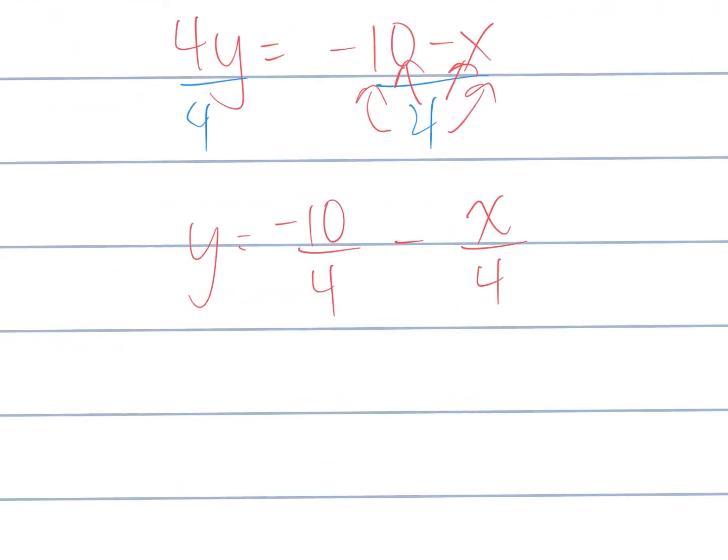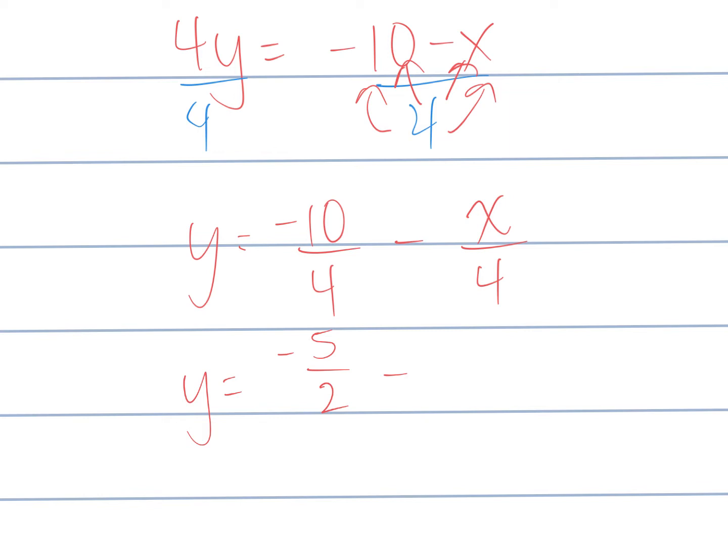So negative 10 over 4, guys. Can we simplify it? How? You can divide both by 2. So it's going to be y equals negative 5 over 2 minus, I would like to rewrite negative x over 4 so I can see what the slope is. Does anyone know how to rewrite it?